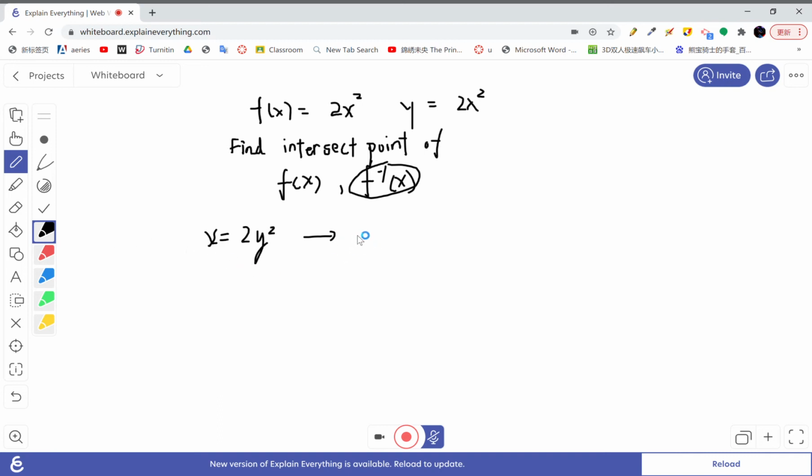We get x over 2 equal to y squared, right? And then we square root both sides, and we get y equal to the square root of x over 2.